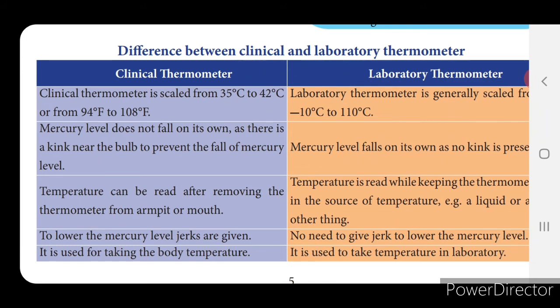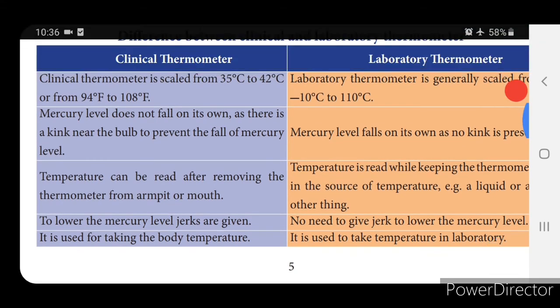A clinical thermometer is read after removing it from the armpit or mouth, but the laboratory thermometer should be kept upright, and while doing experiments, when the temperature increases, we can immediately notice the change in the reading. So the temperature is read while keeping the thermometer in a source of temperature, for example a liquid.